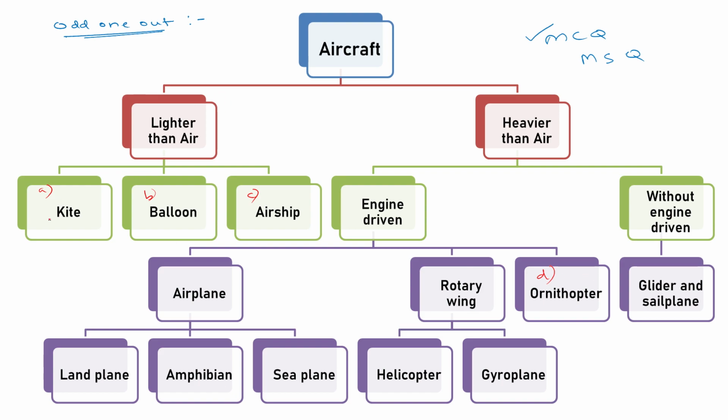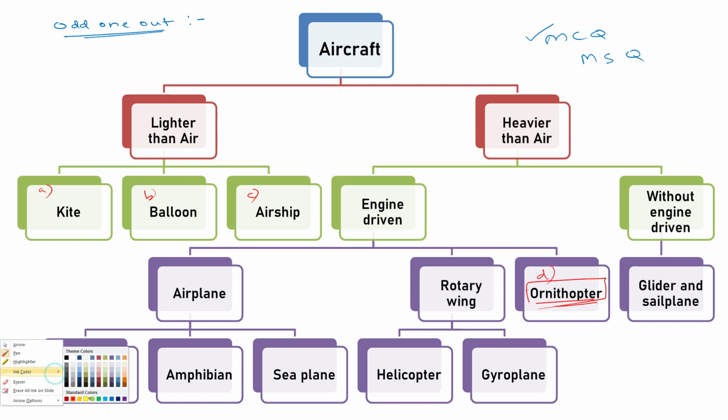Kite, balloon, and airships belong to lighter than air, and the ornithopter falls under heavier than air. So this is going to be the right option. Is it clear? Yes, ma'am.